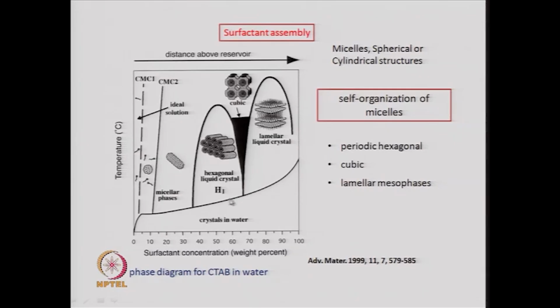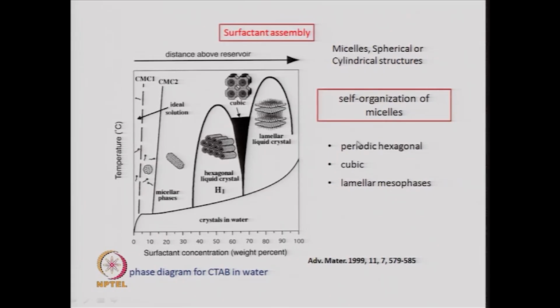So, you can have a large number of surfactants. This particular diagram is for a surfactant which is called C-tab, which means cetyl trimethyl ammonium bromide, and when you take this C-tab in water and change its concentration, then you can get isolated surfactants, micellar structures, cylindrical structures, hexagonally arranged cylinders, which is called the hexagonal phase, cubic structures and lamellar structures.